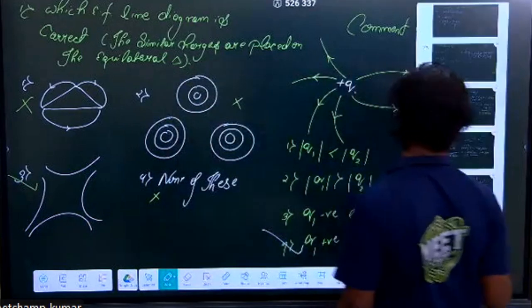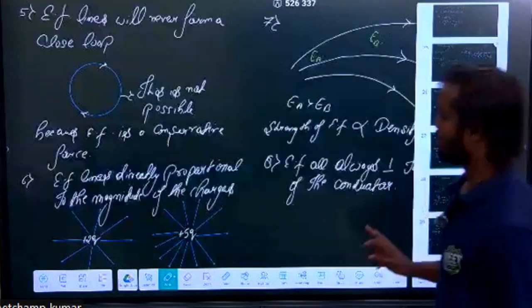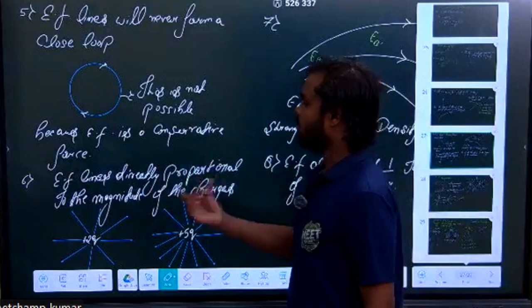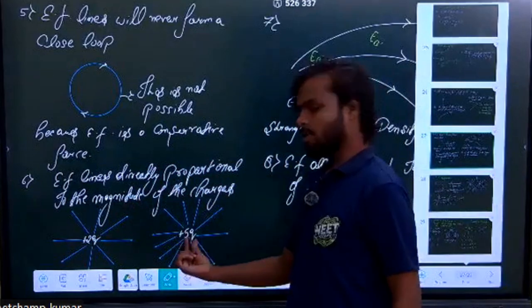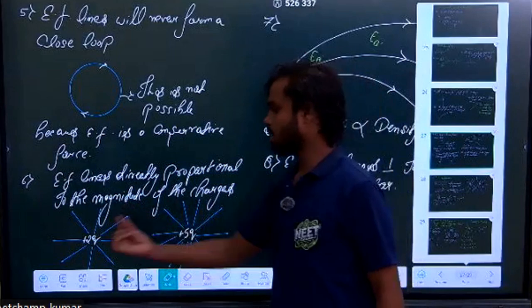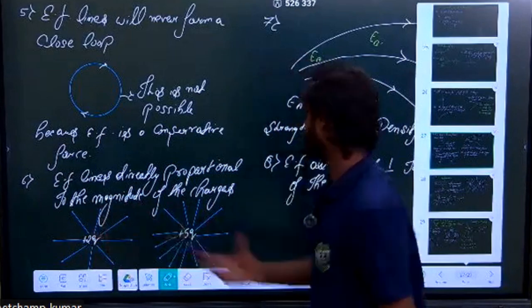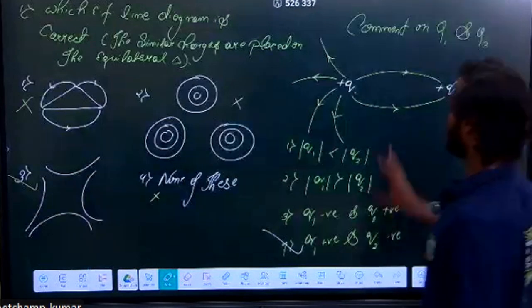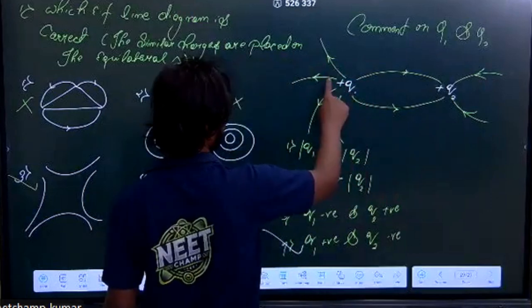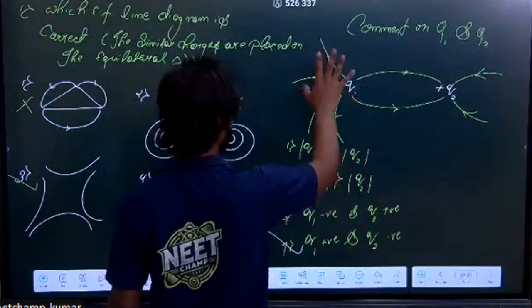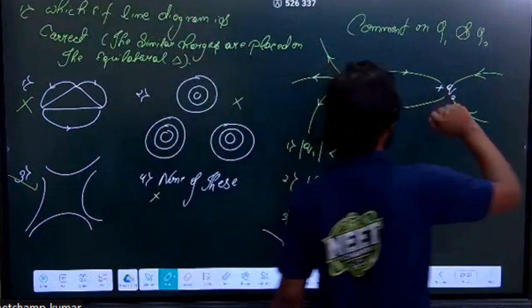We have told one property: electric field lines are directly proportional to the magnitude of charge. More magnitude, more electric field lines. Less magnitude, less electric field lines. So you can see here the electric field lines for this charge are 1, 2, 3, 4, 5, 6. Six electric field lines. Now come to this charge.